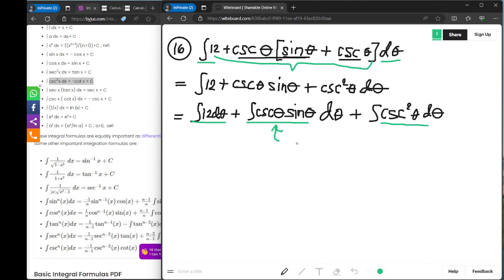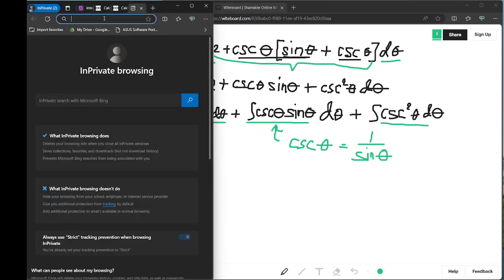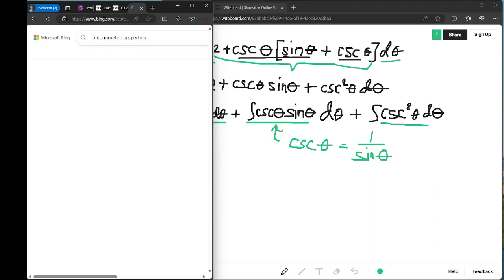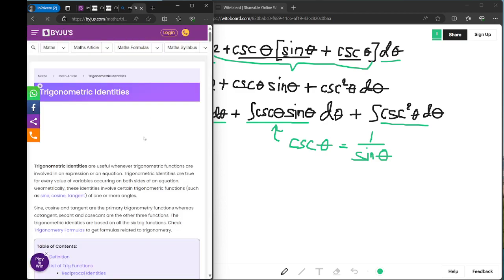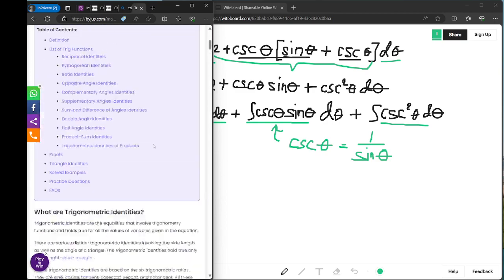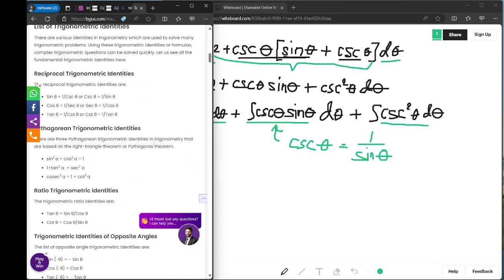Now, if you are familiar with trigonometric functions, cosecant theta is actually equal to 1 over sine theta. So let's check trigonometric identities here.